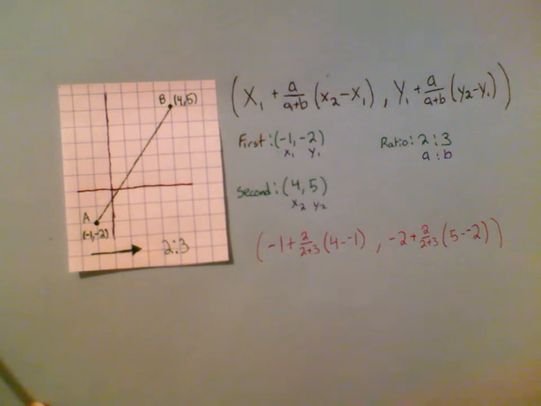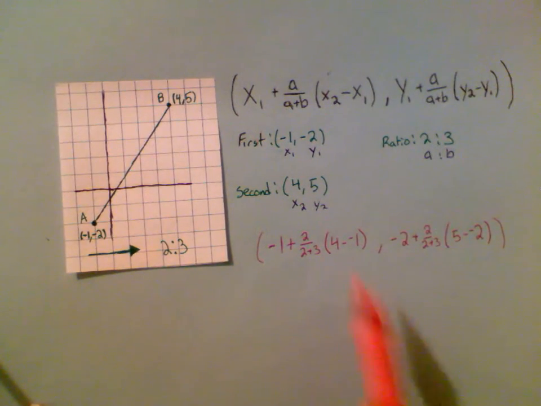So obviously there does need to be some simplification down here. We should have one number for x and one number for y. So let's start doing some of that simplification.